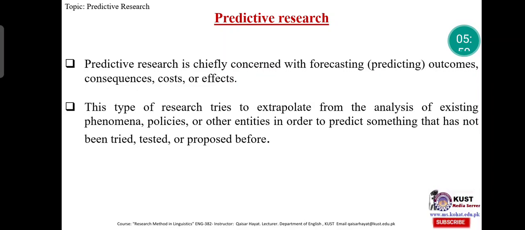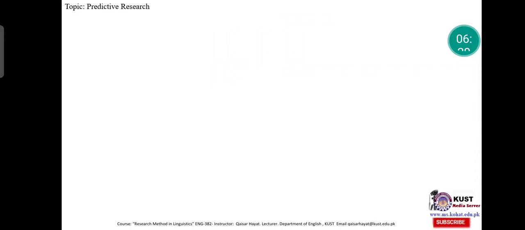In simple words, standing on the ground where you are, looking left and right, seeing the actual conditions, while standing there you predict something more. The word more indicates that you are predicting about the future, but your basis, your actual support, is the information that is already provided to you. So, we can say that predictive research is research in which, analyzing your existing condition, you predict about the future.